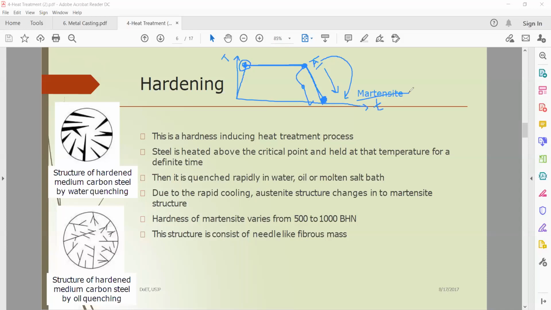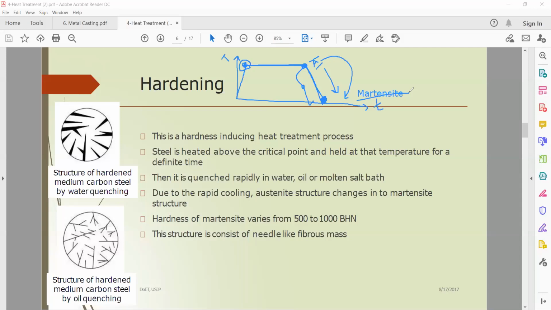Another thing: where you can use the oil bath or the water bath, that means for which kind of metals this hardening process can be used with an oil bath medium or a water bath medium.